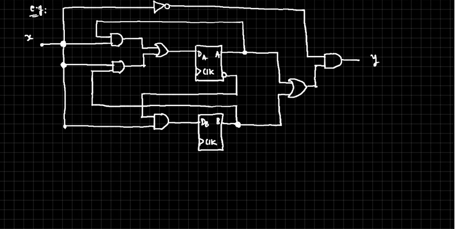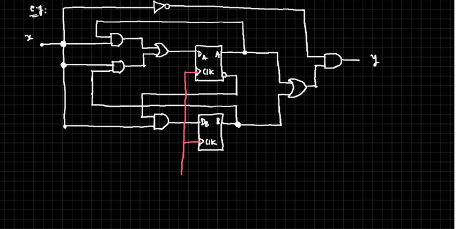Let me verify. This is the input. All right, so this is fine. And assume that the flip-flops are synchronized with the same clock signal. The case would be different if they are not synchronized.